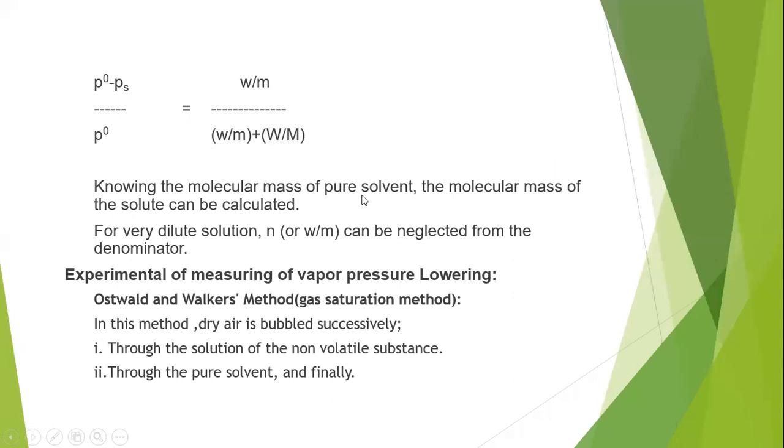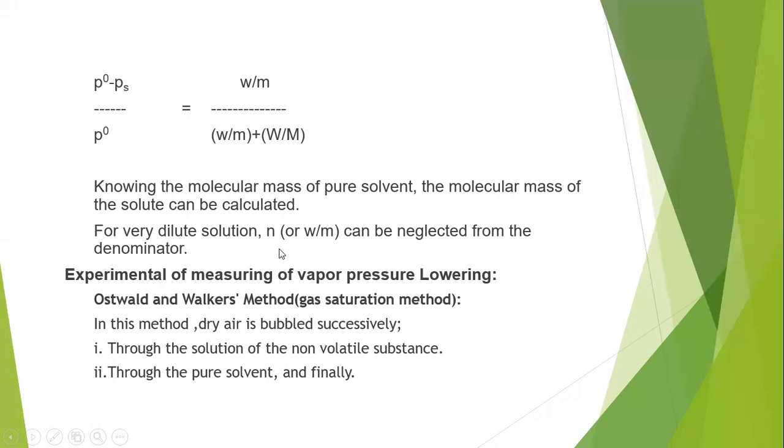We simply substitute weight by molecular weight in place of the number of moles of the solute and the number of moles of the solvent. Once we know the molecular mass of the pure solvent, capital M, the molecular mass of the solute, small m, can be calculated using this formula.